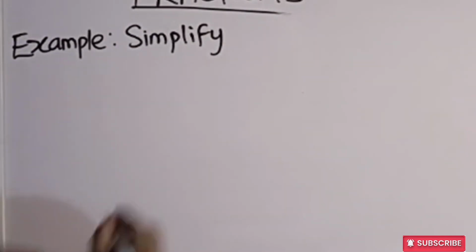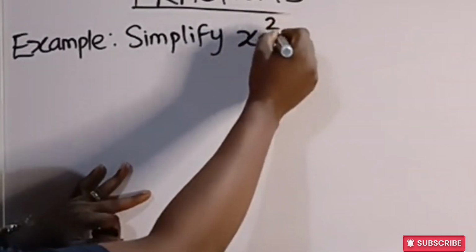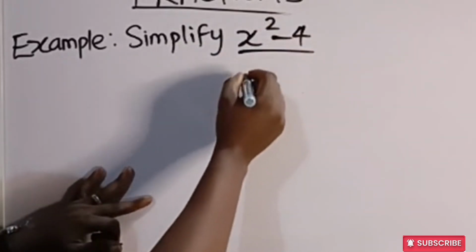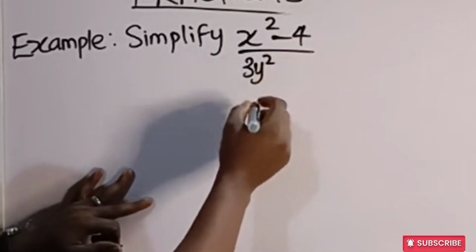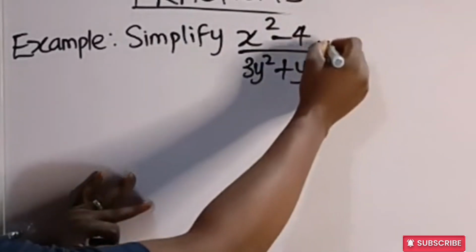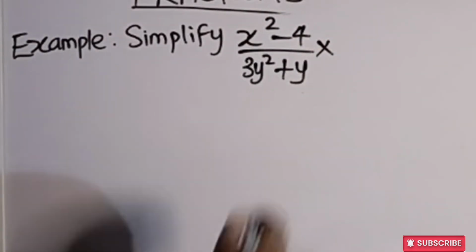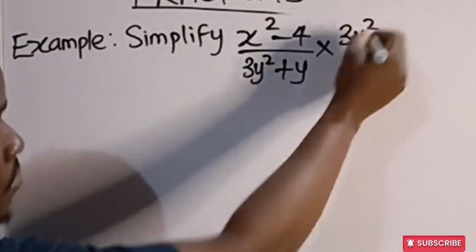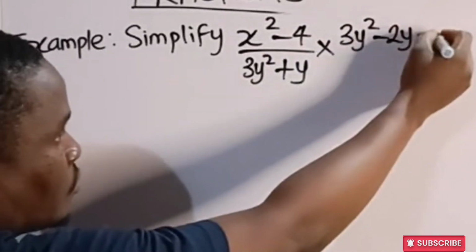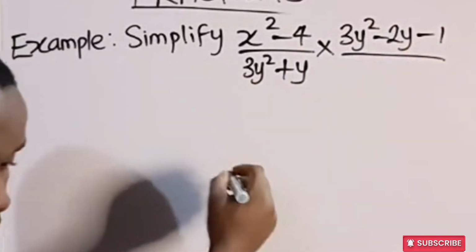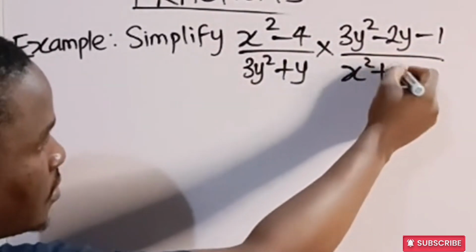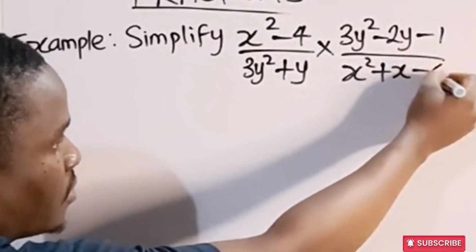So we have x squared minus 4 all over 3y squared plus y multiplied by 3y squared minus 2y minus 1 all over x squared plus x minus 6.